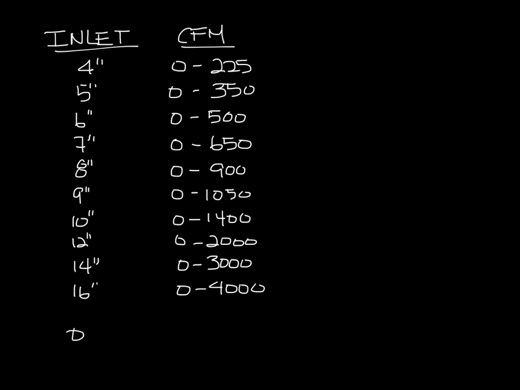Okay, so on the low end, 0 is obviously closed, but could you put, say, 1 CFM or 10 CFM through a size 10 inlet? You probably could, but you're not going to be able to measure it. So manufacturers publish minimum CFMs. The minimum CFM is based on a couple things.